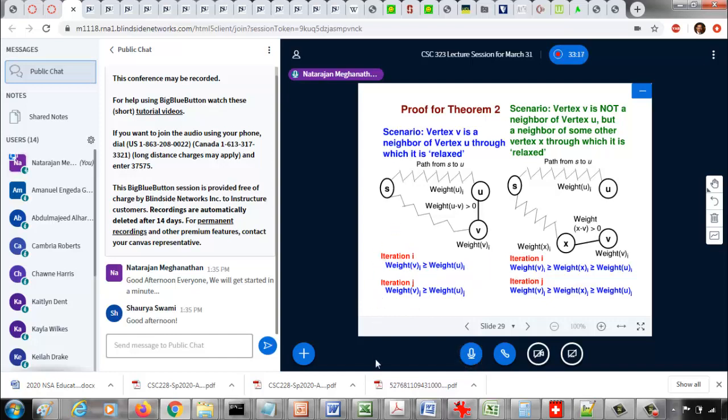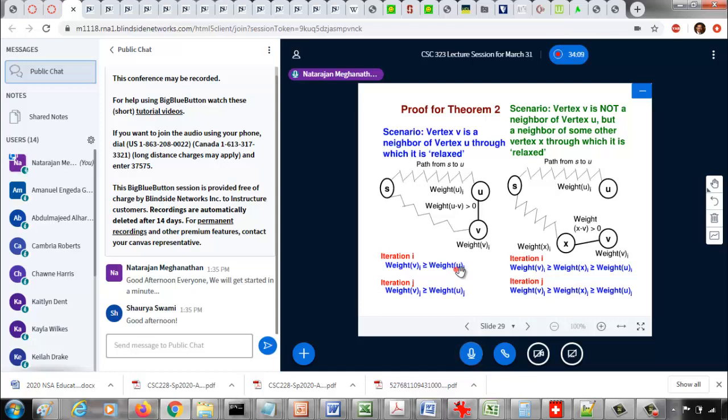Now what we have to show is that the actual, optimal shortest path weight of v is always greater than or equal to the weight of u, because u was optimized earlier.